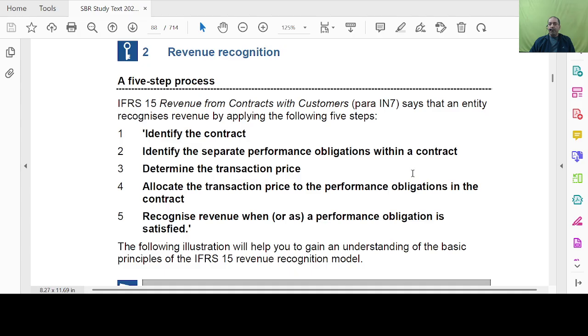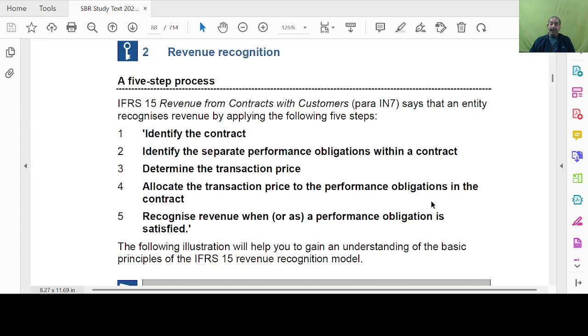That means first, when you are going for finding out whether revenue is going to be recognized in the financial statements or not, the most important thing is the origin. Is there a contract between the entity and the customer? What is a contract? As per law, we have all studied that any agreement which is enforceable by law is a contract, right?